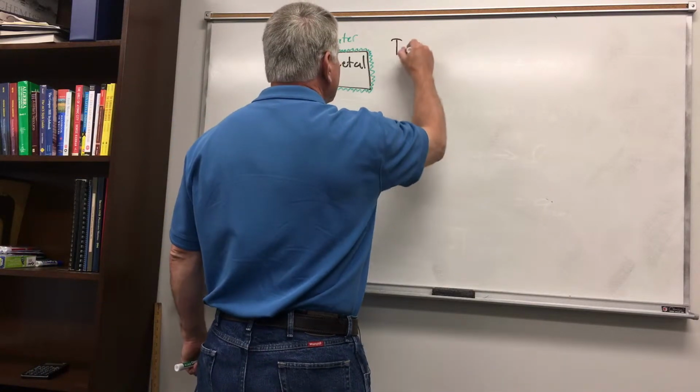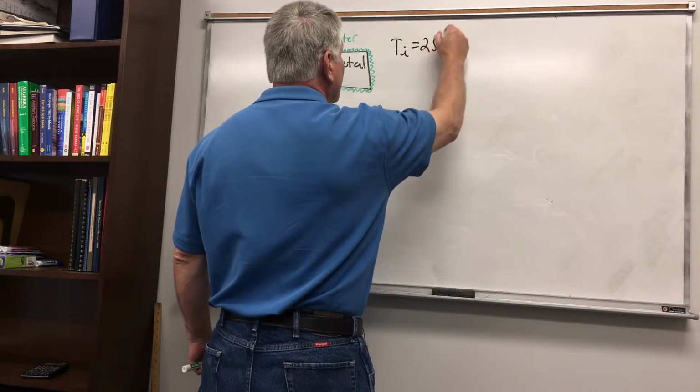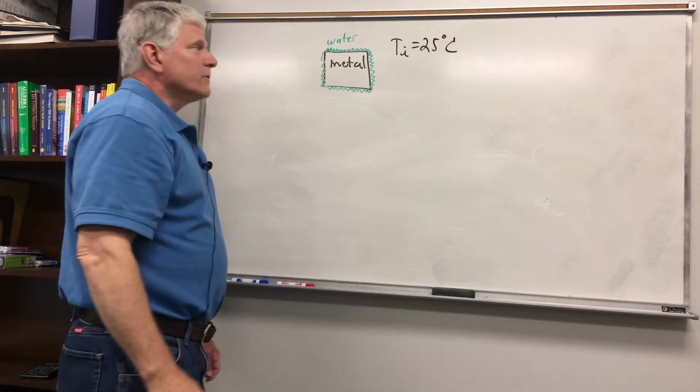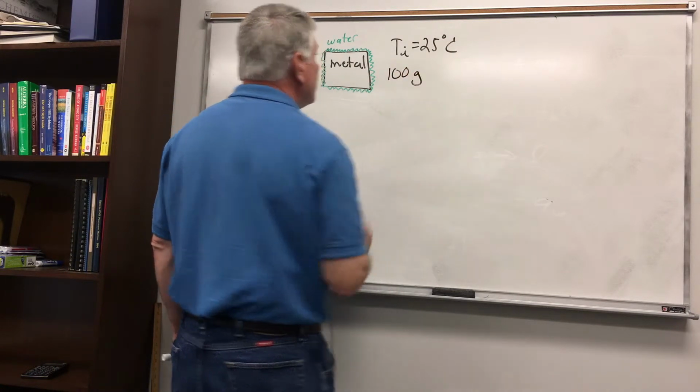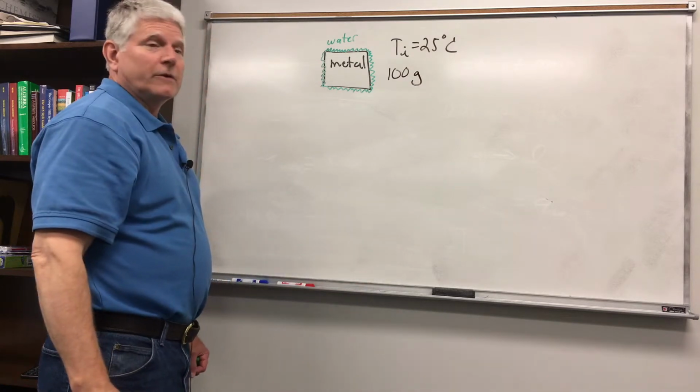So let's say the initial temperature of the metal is 25 degrees and the mass of the metal is 100 grams.